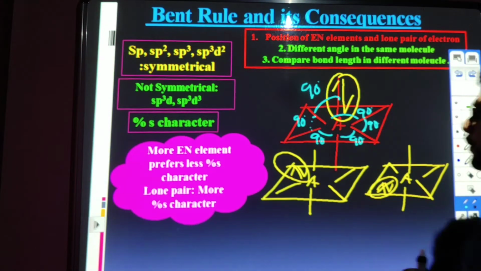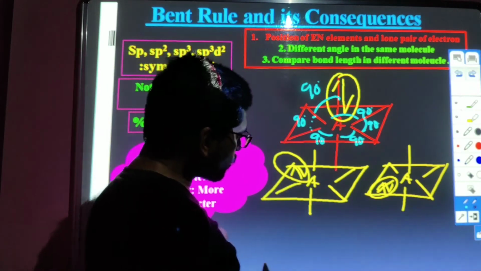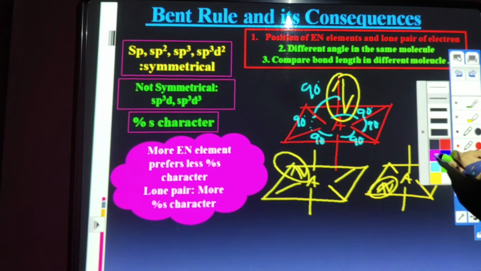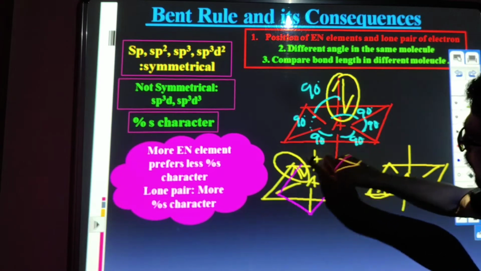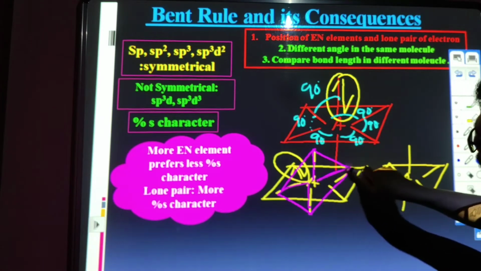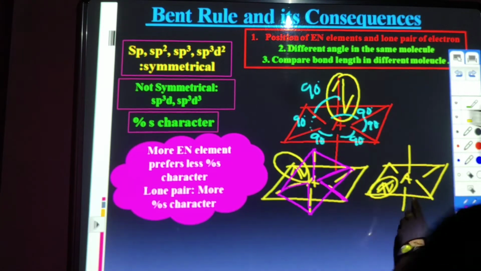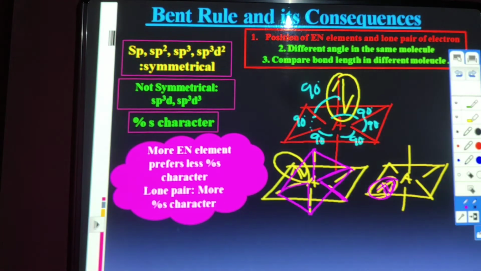Well, sir, it means, see, if I put, is it okay? Of course okay. In that case, square plane base I will make like this. So it is the same. If you put lone pair here, then how can I make the square plane base?